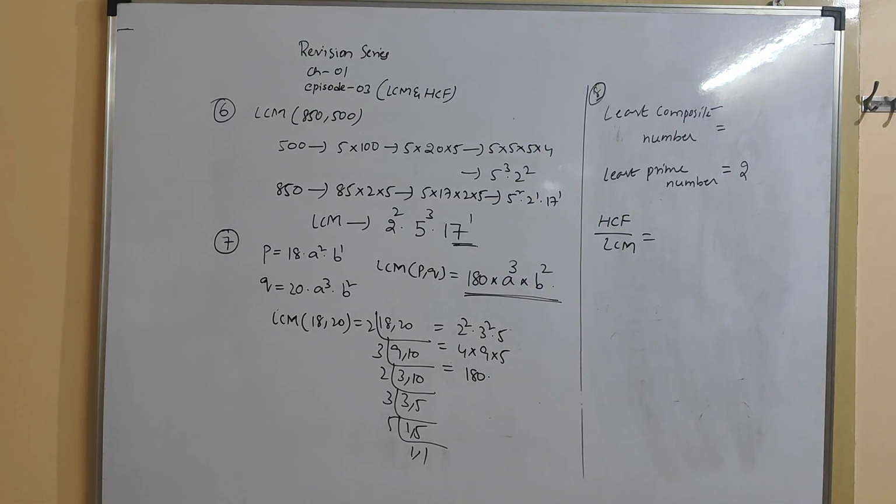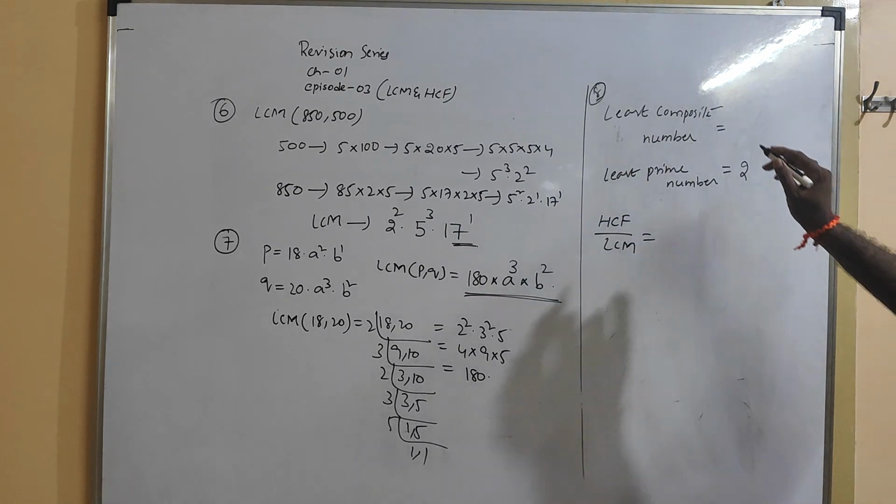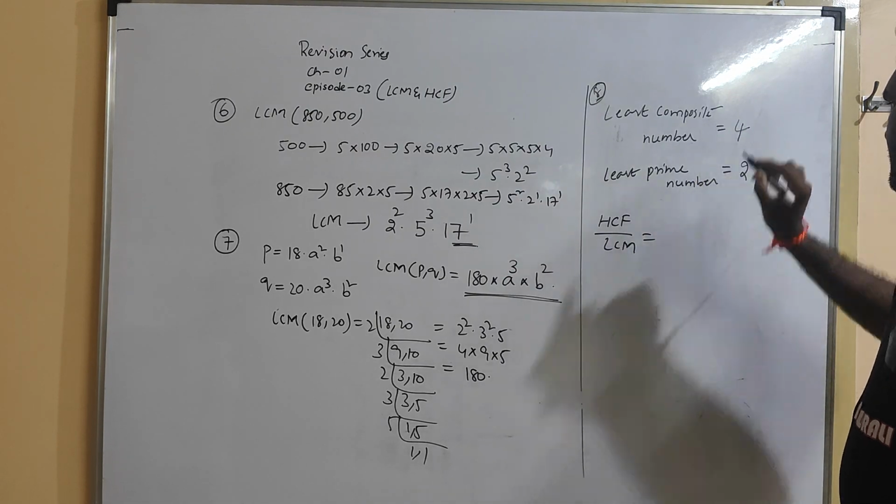And 3 is again a prime number and 4 is a composite number. Why? Because 4 is having more than 2 factors. What are the factors of 4? 1 is a factor, 2 is a factor and 4 is also a factor. If you are having more than 2 factors, then it is called a composite number. So the least composite number is 4.